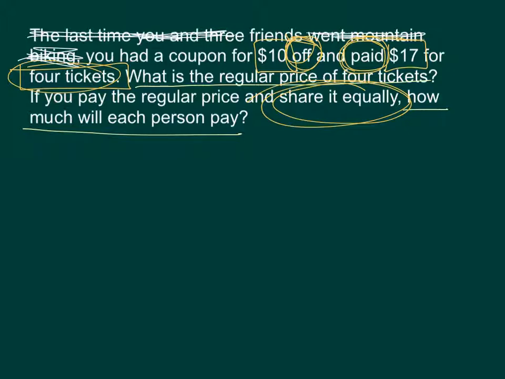Let's go ahead and try to write an equation for this. Because you know what? This word paid, that's a word that's implying a total. Total amount, that's an equal sign. So the total amount that we paid is 17. And it's $10 off the regular price.